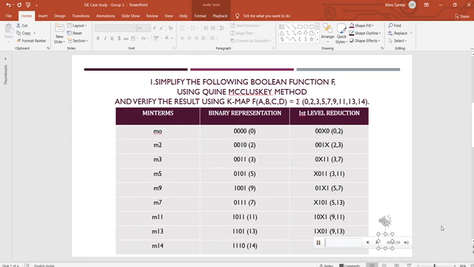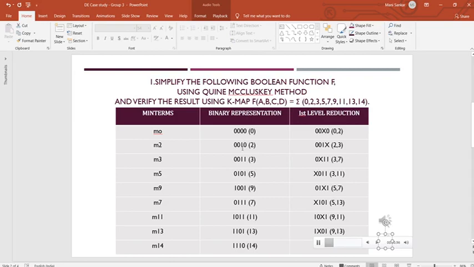In this problem, if you see the first row in first level reduction, I mentioned it as 0, 2. In the binary representation column, the first one is 0, which has the binary value 0, 0, 0, 0. After that in the second row we have 2, with the binary representation 0, 0, 1, 0.